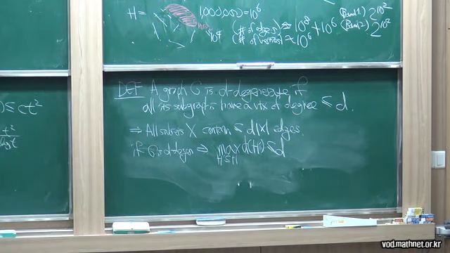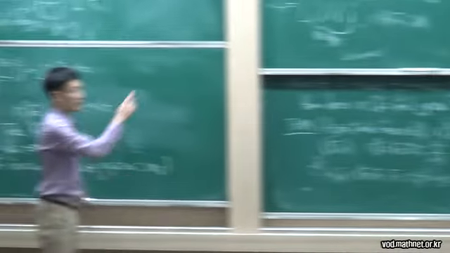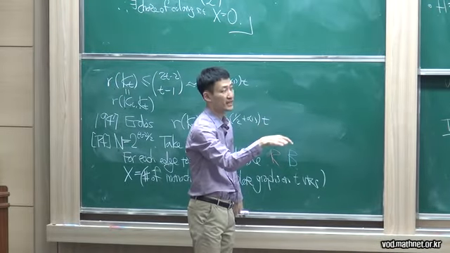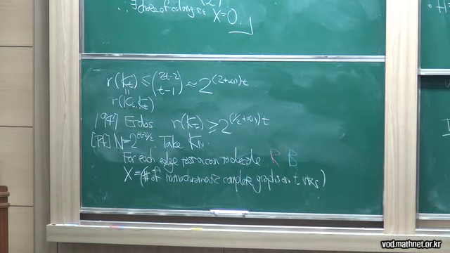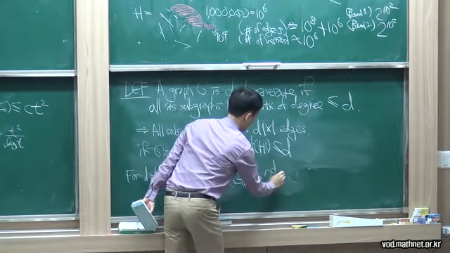Now this is an interesting class of graphs, especially in terms of that bound, because if you just apply that bound, the best we get is 2 to the d. And I said d is a constant. So let me write it here. For d-degenerate graphs, R of, again I use G, is at least 2 to the d, let's say minus 1.